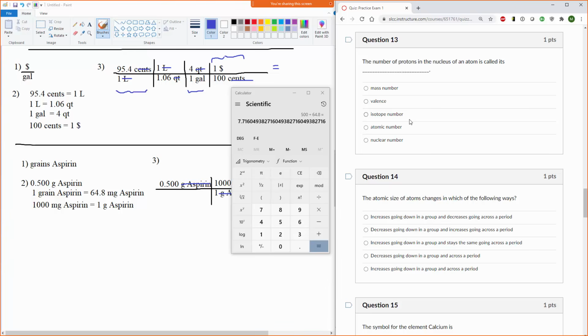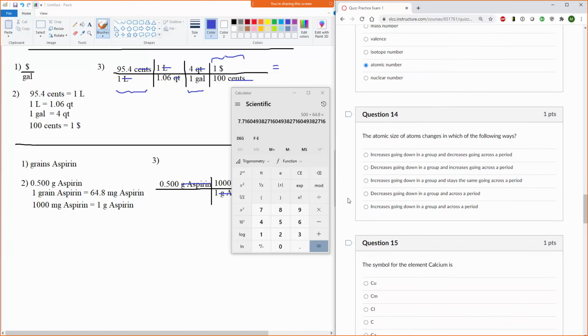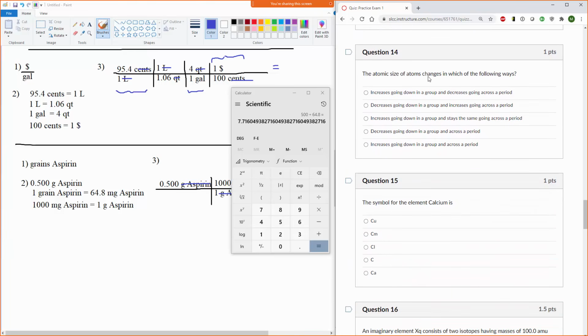Z, sure, which is also the atomic number. Good. If I said number of protons and neutrons together, that would be the atomic mass. Okay, excellent. Atomic size of atoms changes in which of the following ways?